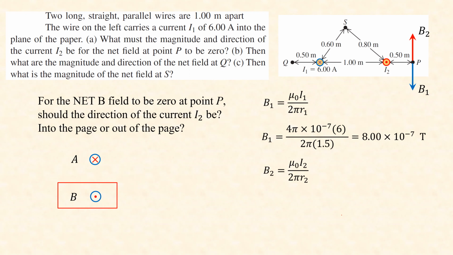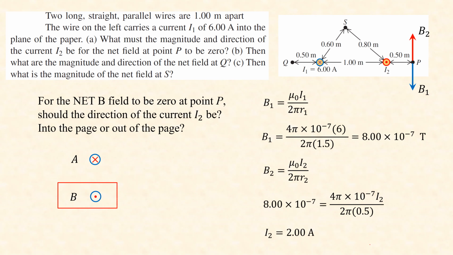And B2, which is mu naught I2 over 2 pi R2, should be equal to that. So we put that equal for B2, and the result should be 8 times 10 to the negative 7 equal to 4 pi times 10 to the negative 7 I2, which we don't know and want to find, divided by 2 pi times 0.5.